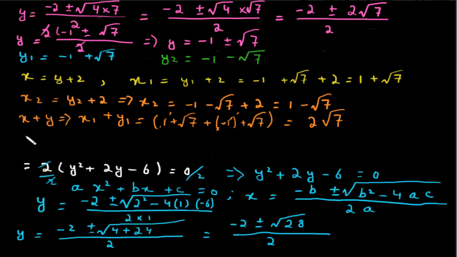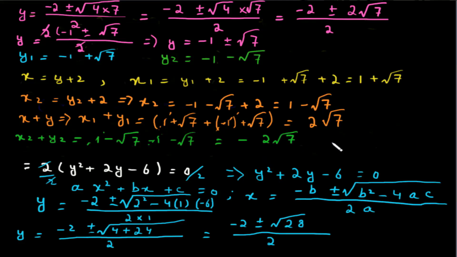Alright, and for the second pair, that will be x sub 2 plus y sub 2. I have x sub 2 has a value of 1 minus square root of 7 plus y sub 2 has a value of minus 1 minus square root of 7. Now this minus 1 will cancel with this plus 1, and now I will get minus 2 times square root of 7.